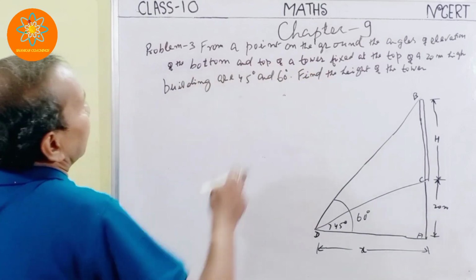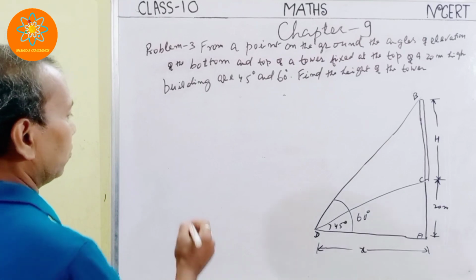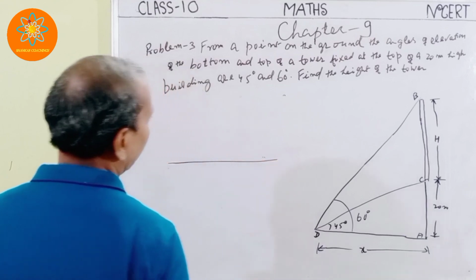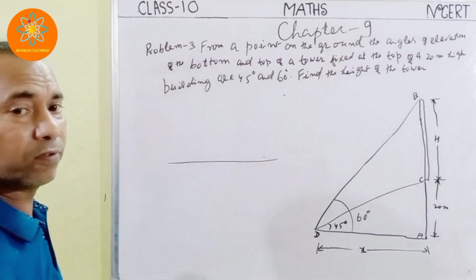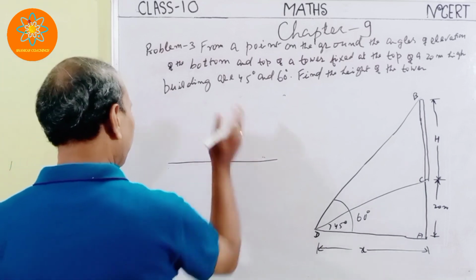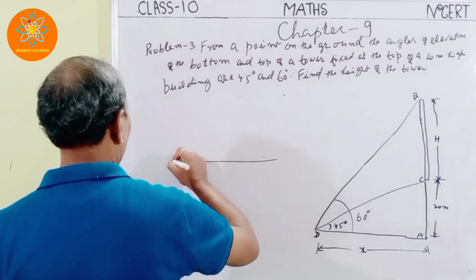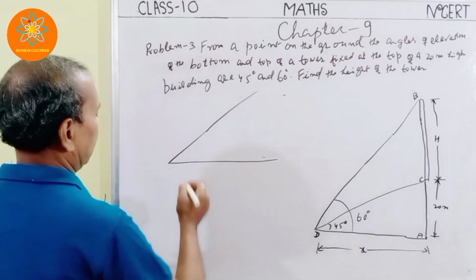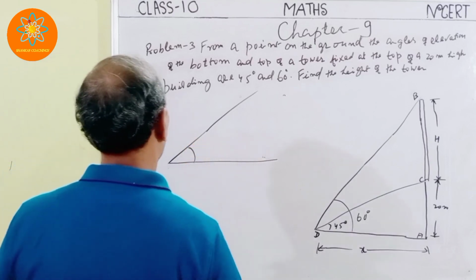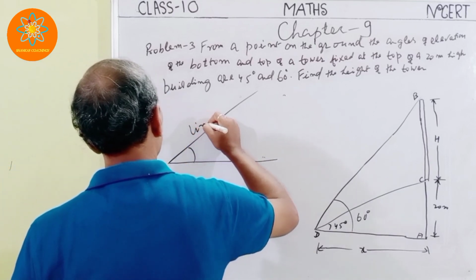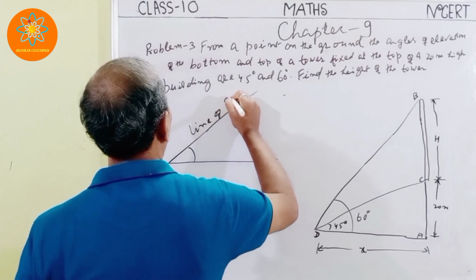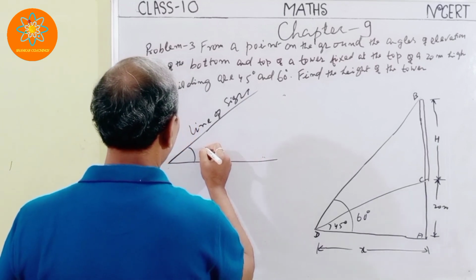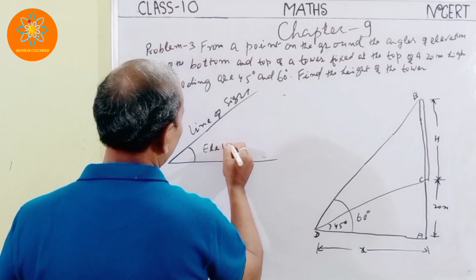Here it is given the angle of elevation. This is the horizontal level. Above this, you have to see, this is the line of sight, and this is the elevation angle.